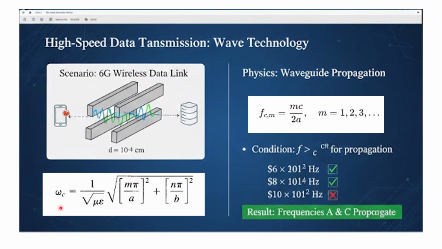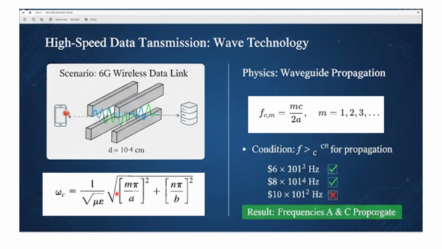Omega is your angular frequency, that is 2 pi f, equal to 1 over square root of mu epsilon, where mu is the permeability and epsilon is the permittivity of your medium, times the square root of (m pi by a) whole square plus (n pi by b) whole square.